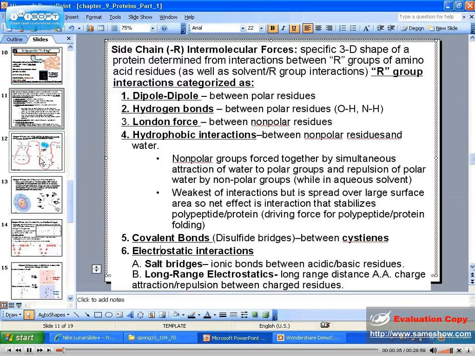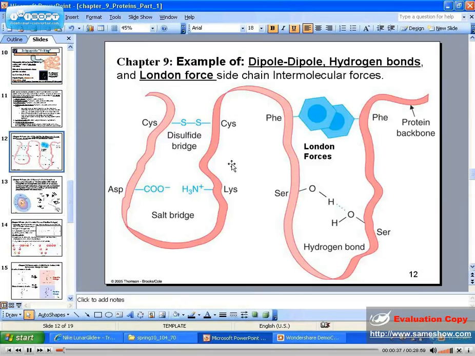I'm just going to go ahead and apply them to the side chain intermolecular forces that we find in proteins, such as in slide 12. It's these side chain intermolecular forces which help give the protein its overall shape and form.